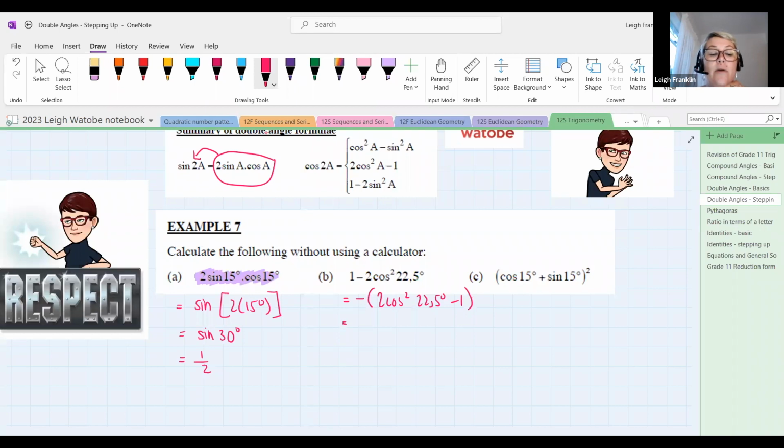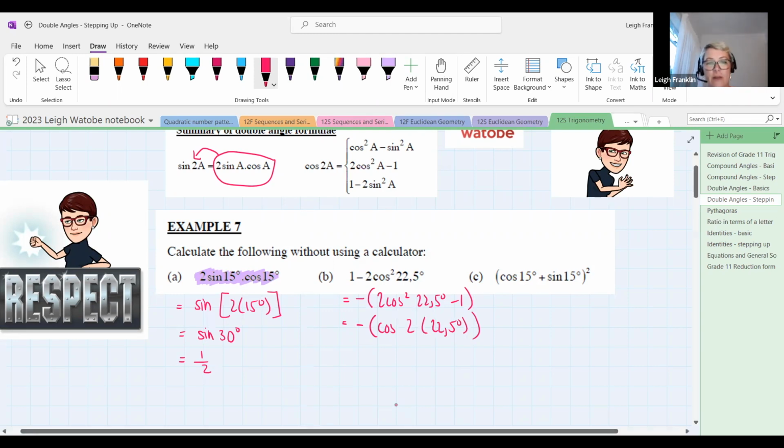Keep going. I love what you're saying. And then it'll become negative outside the bracket, open a bracket, cos 2 open bracket, 22,5. Mm-hmm.